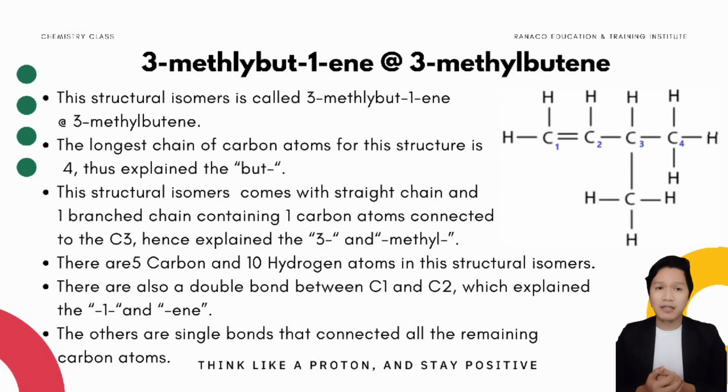Hence, this explains the name 3-methyl. There are 5 carbon and 10 hydrogen atoms in this structural isomer. There is also a double bond between C1 and C2, which explains the 1 and the "ene". The others are single bonds that connect all the remaining carbon atoms.